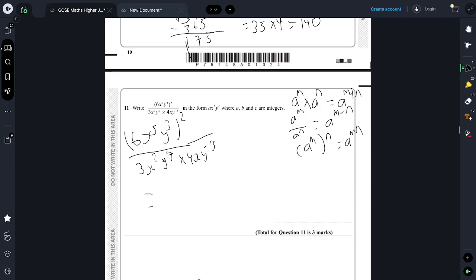We can times the powers. So this is going to be the same as 6 squared. Remember, this is 6 to the 1, 1 times 2, so if we expand it, it's 6 squared. x to the 5 times 2, which is going to be 10. y to the 3 times 2, which is 6, with the same fraction.